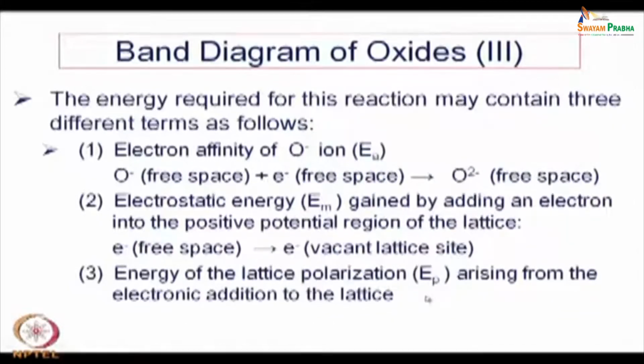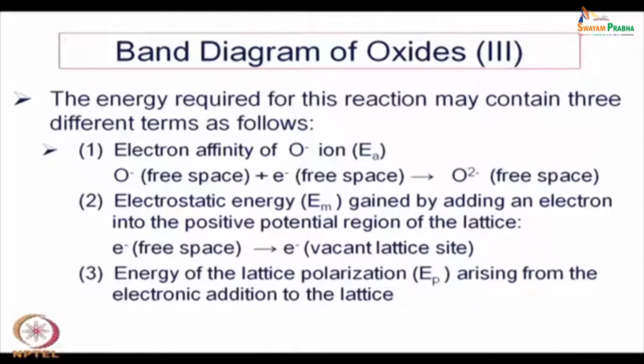So, when an electron is added to the system, it generates an electrical field, and that electrical field interacts with the other surrounding ions, and the lattice gets polarized. Some readjustments take place, and that also requires certain energy.